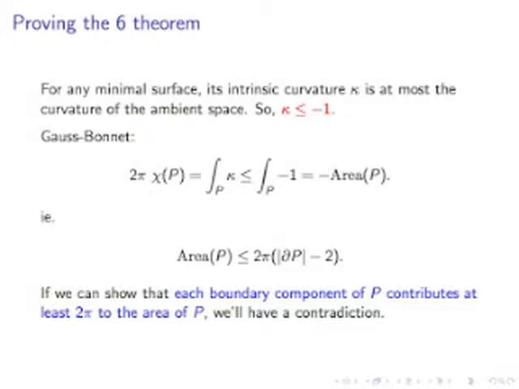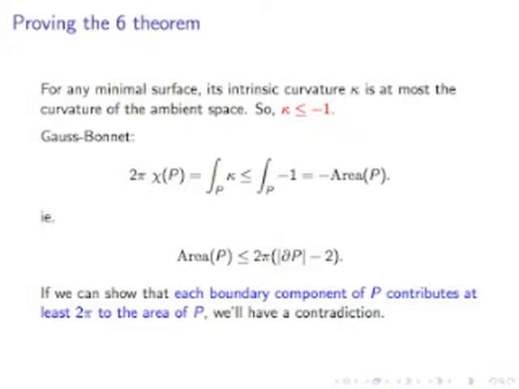Okay, so if you have a minimal surface in a Riemannian manifold, it inherits a Riemannian metric. And the intrinsic curvature of that metric is always at most the ambient curvature of the manifold. That's some basic Riemannian geometry. So if we call that intrinsic curvature kappa, then kappa is at most -1, because the curvature of hyperbolic space is -1.